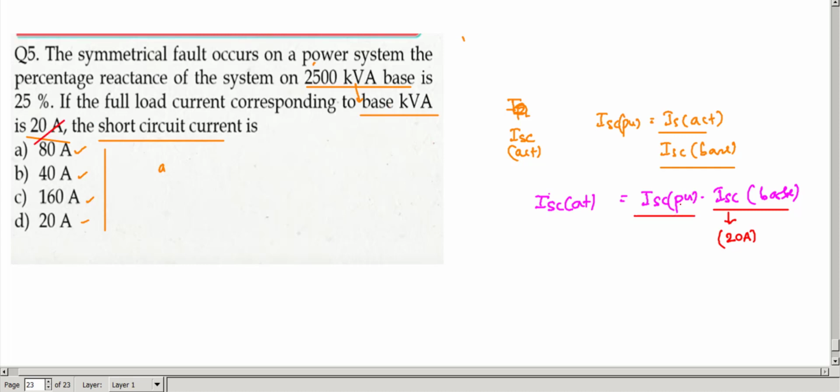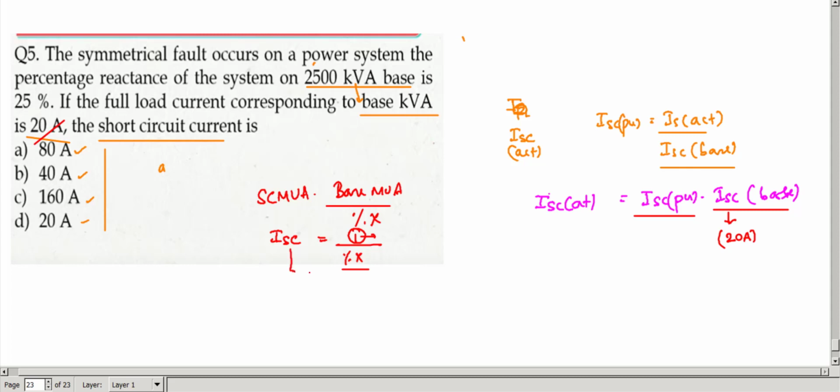Now I want to find the per unit reactance. You know that short circuit MVA equals base MVA by percentage reactance or percentage impedance. Similarly, short circuit current equals 1 by percentage reactance, taking 1 per unit here.